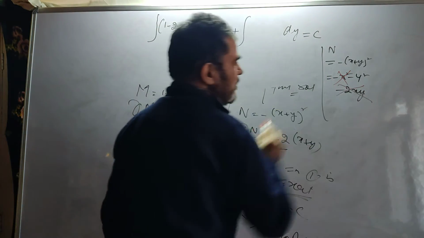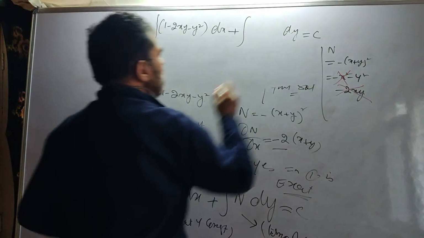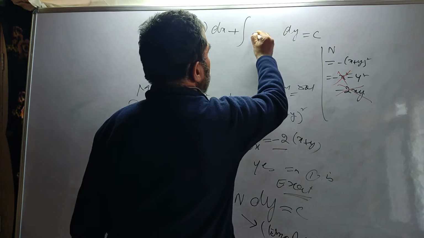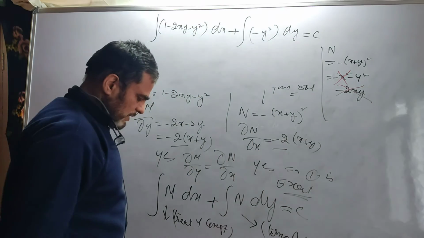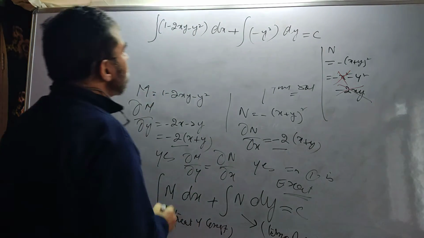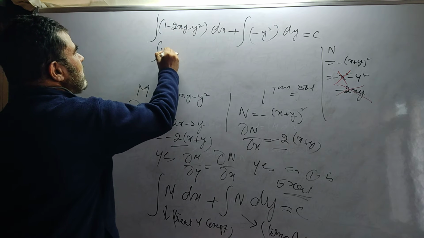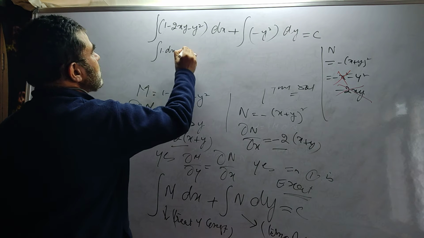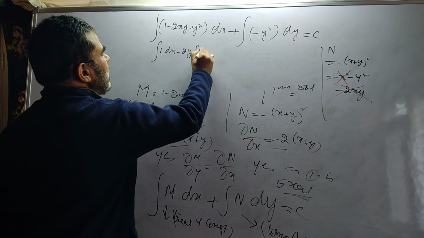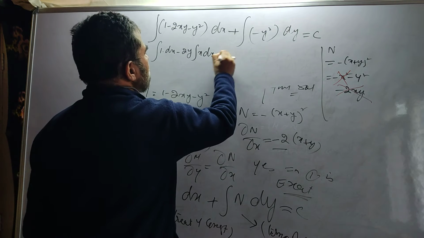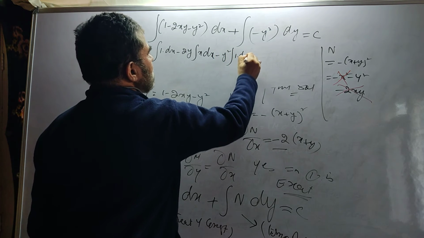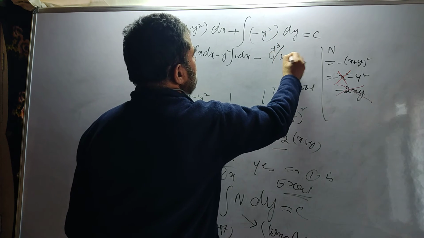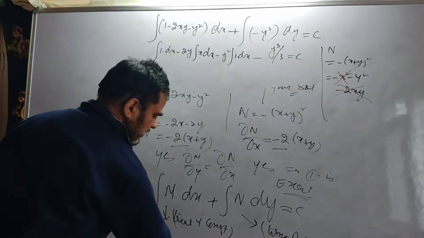This involves x, I will drop it. This does not involve x, so I will write here minus y square. This is integral of 1 dx, treating y constant, minus 2y integral of x dx, minus y square is constant, integral of 1 dx, minus integral of y square, which is y cubed by 3, is equal to c. Now let us simplify this.